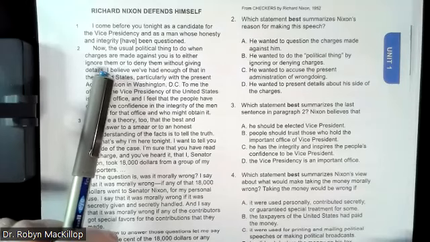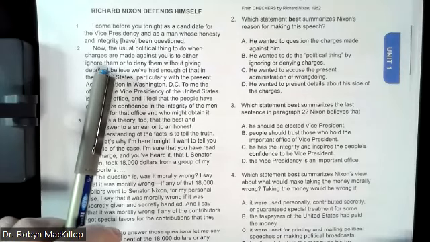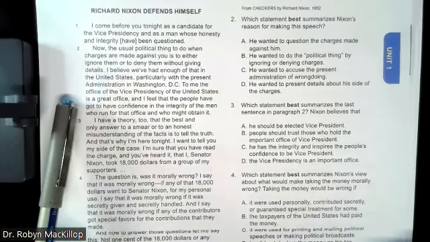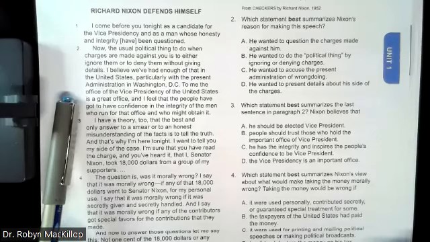I come to you tonight as a candidate for the vice presidency and as a man whose honesty and integrity have been questioned. Now, the usual political thing to do when charges are made against you is to either ignore them or deny them without giving details.